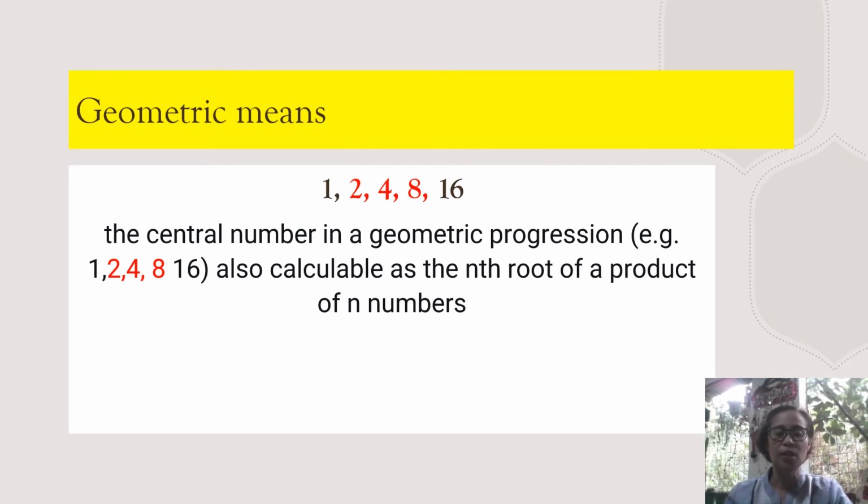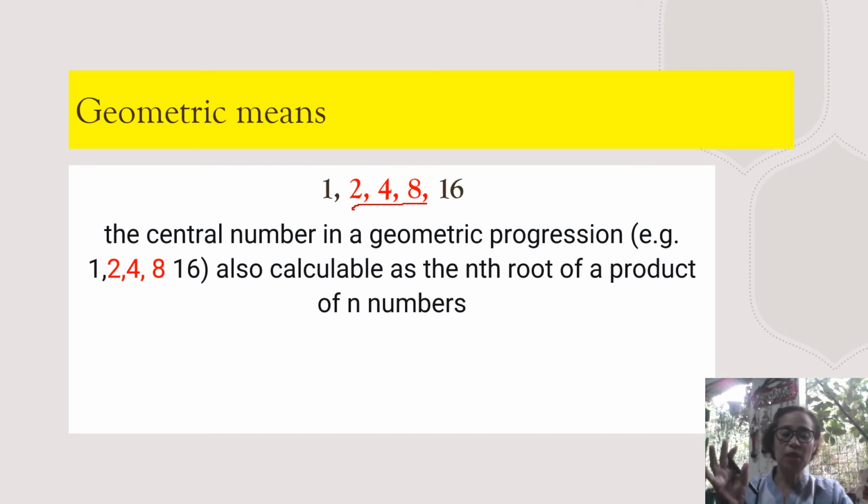Geometric means. In this example of the sequence 1, 2, 4, 8, 16, which was my first example, the geometric means are the ones in the middle. So 2, 4, 8 are the geometric means. What are actually geometric means? The central numbers in a geometric progression, 2, 4, and 8, are also calculable as the nth root of the product of n numbers.